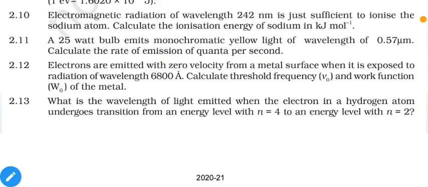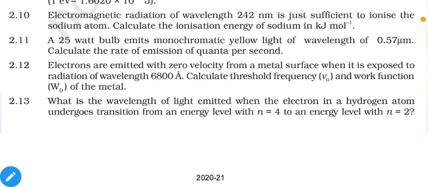Question 10: electromagnetic radiation of wavelength 242 nanometer is just sufficient to ionize the sodium atom. Calculate the ionization energy of sodium in kilojoules per mole. So we have to calculate our answer for 1 mole quantity. First of all, we have the wavelength lambda, so from this value we can find the energy.